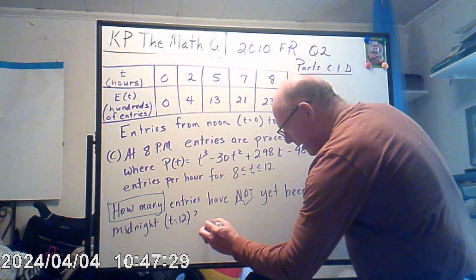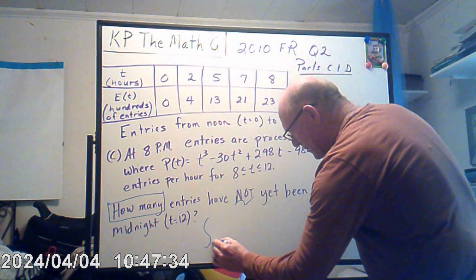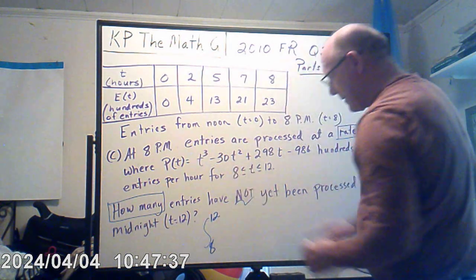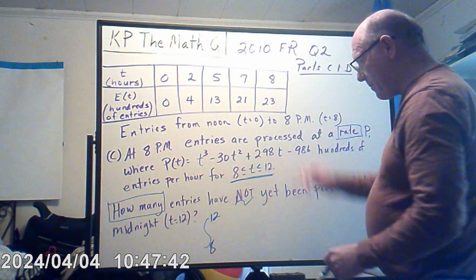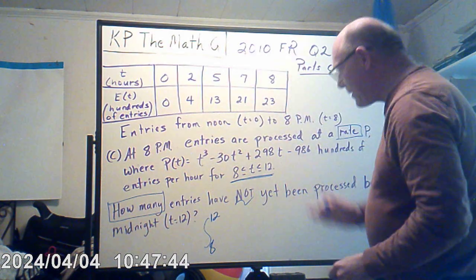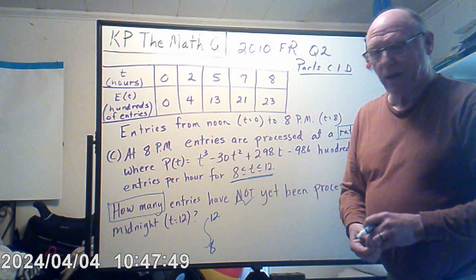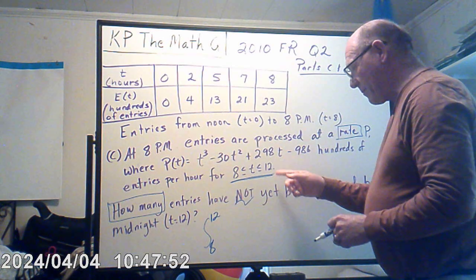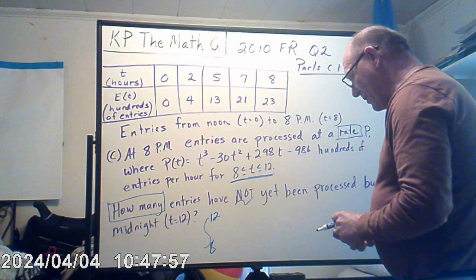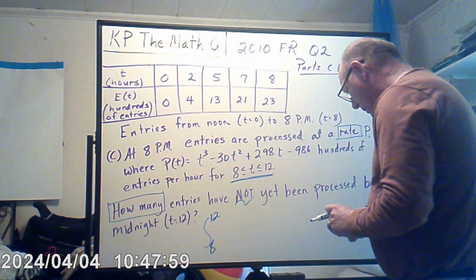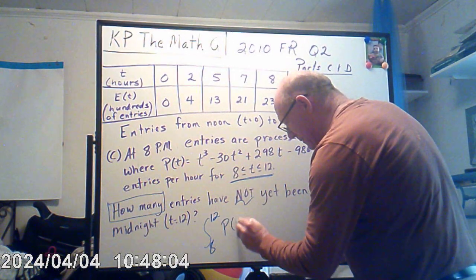Well, we can take the integral from 8 to 12, because this last entry is at 8 p.m. So now they're going to start being processed, for a good few hours. So this is the integral of p at t dt.